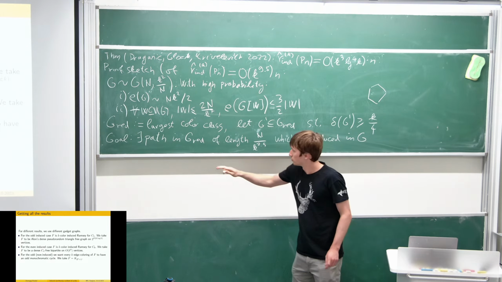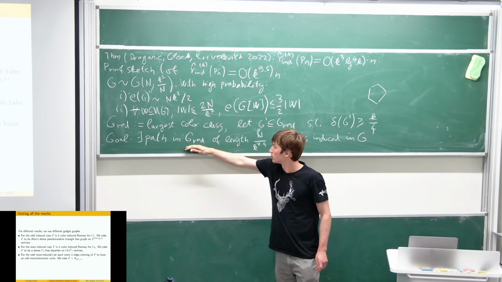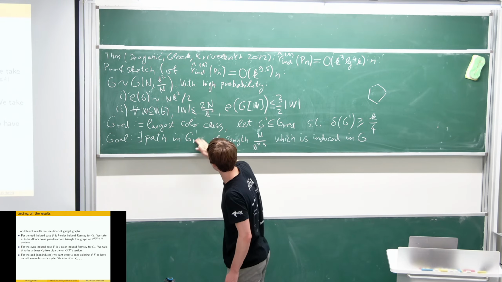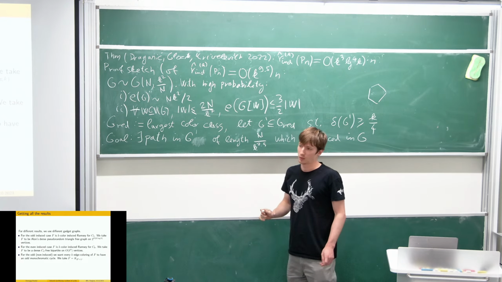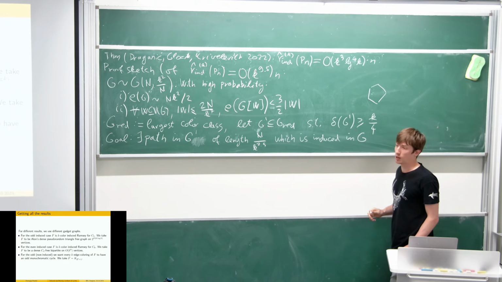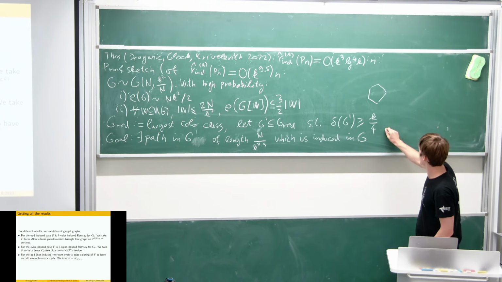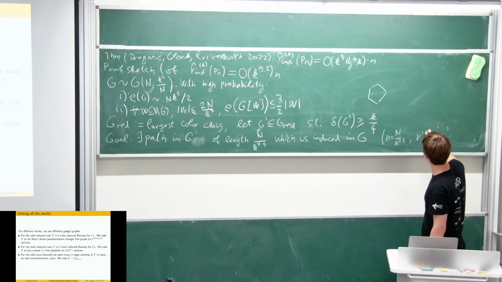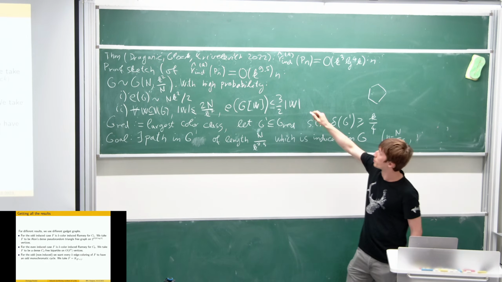Okay, so a monochromatic path in G prime of this length, which is an induced subgraph in G. Okay, so if you take n to be this number, then you get this path.